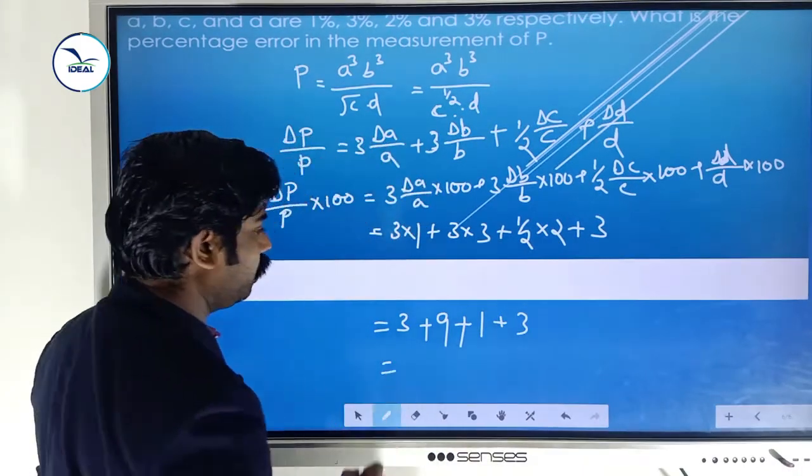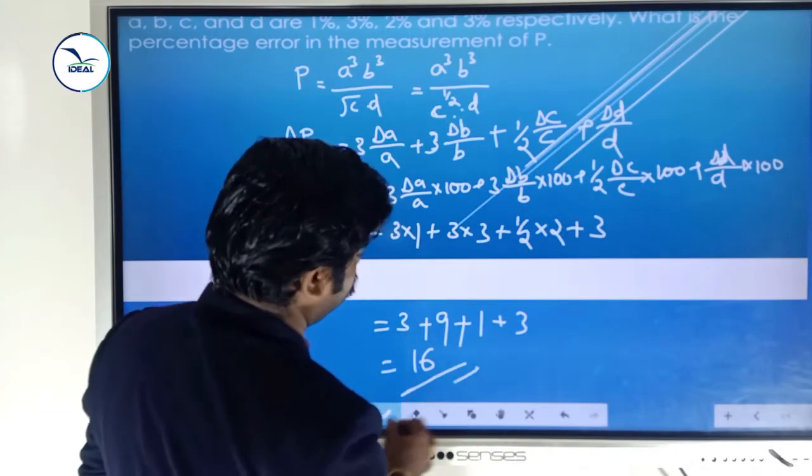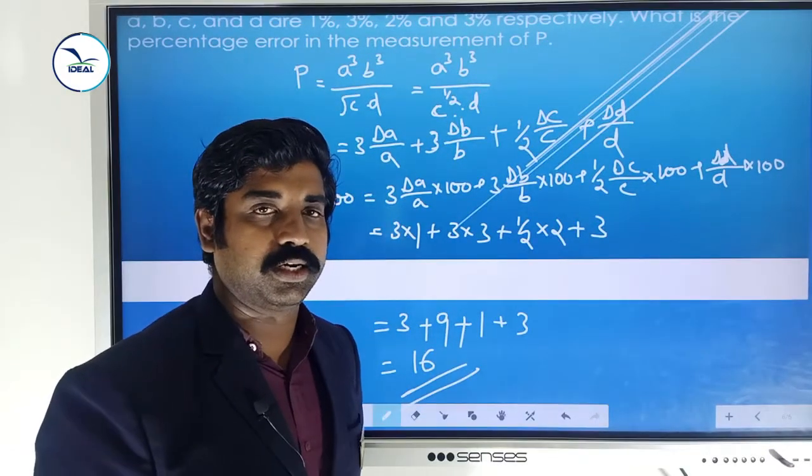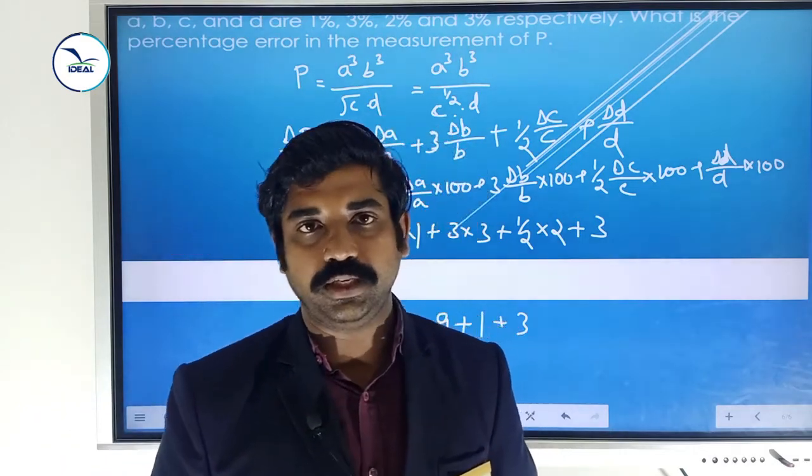So that's equal to 16. The answer is 16. So the percentage error in this equation is 16. It's very simple, I think.